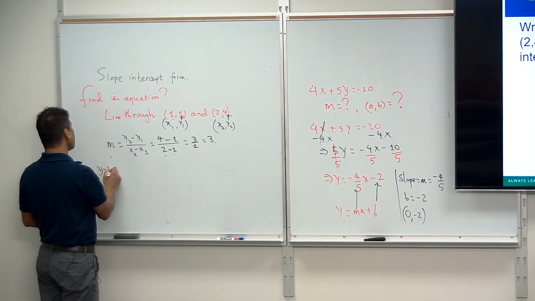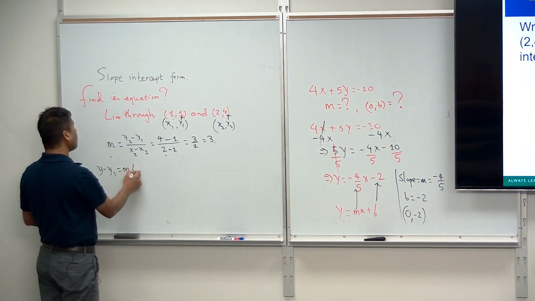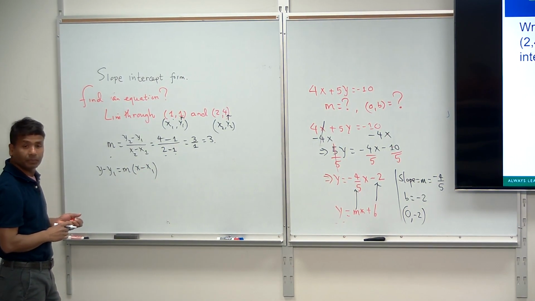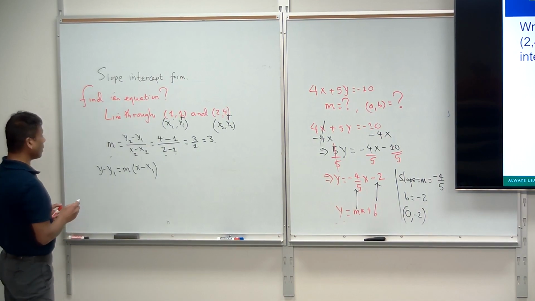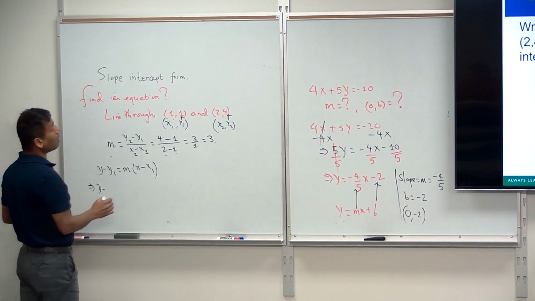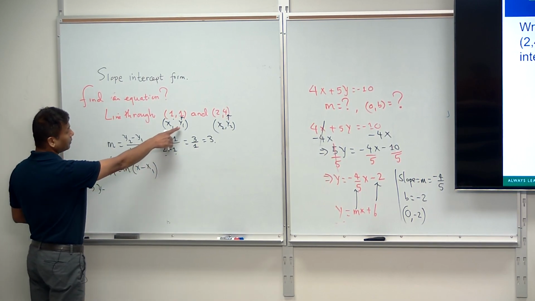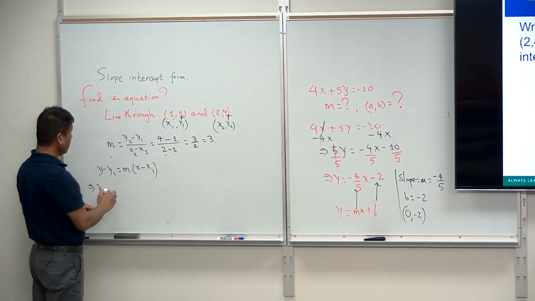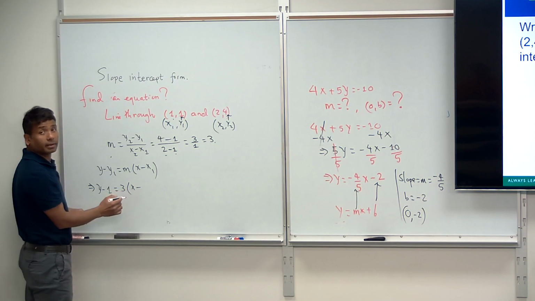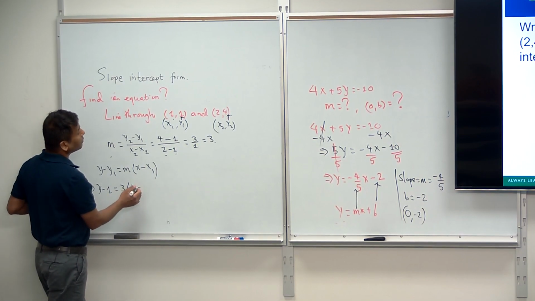Remember, y minus y1 equals m times x minus x1. This is the point slope form. So y minus 1 equals 3 times x minus 1.